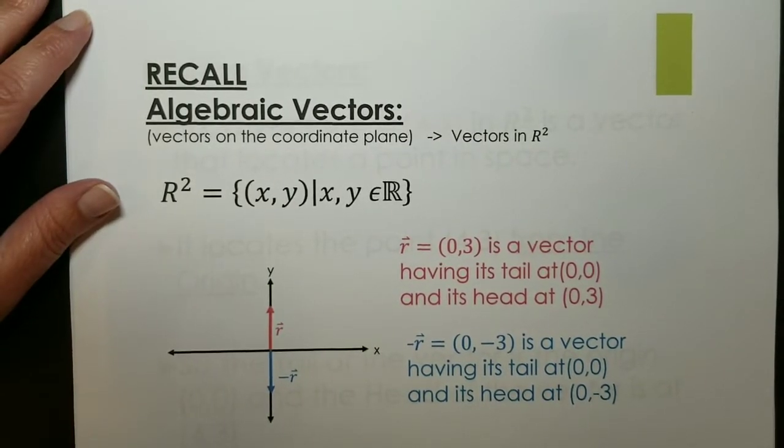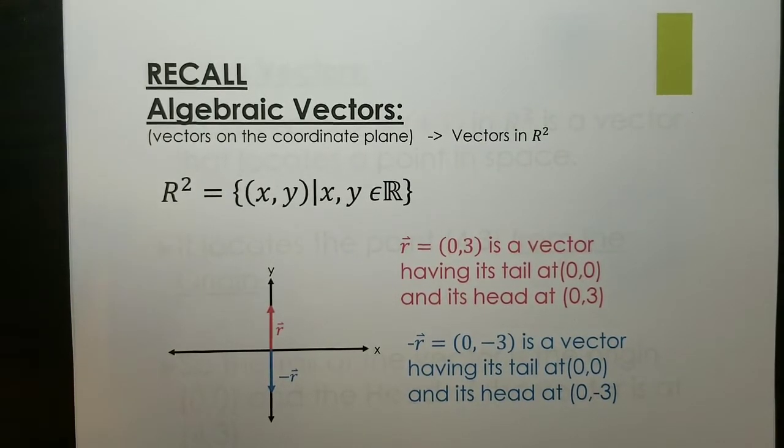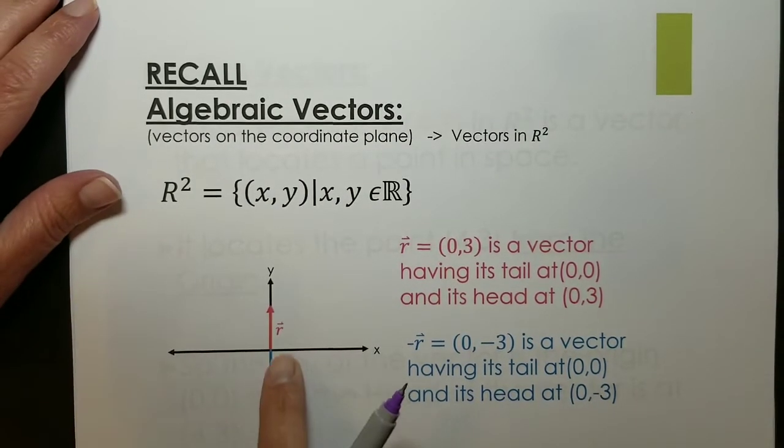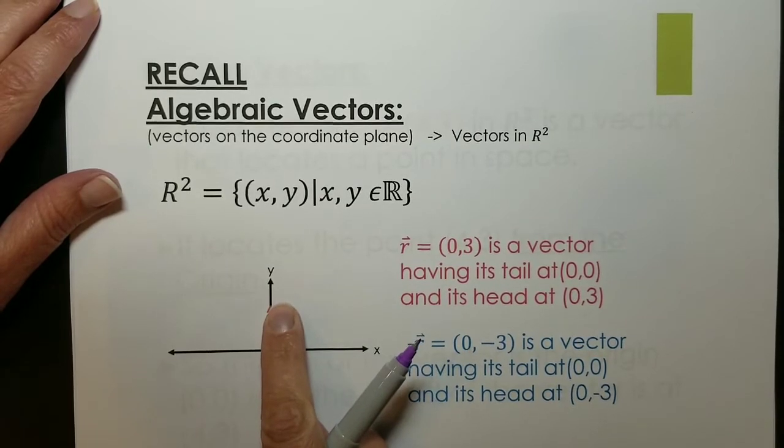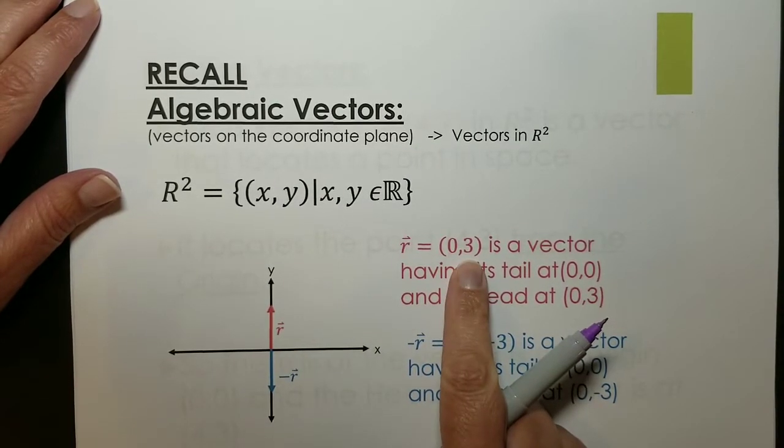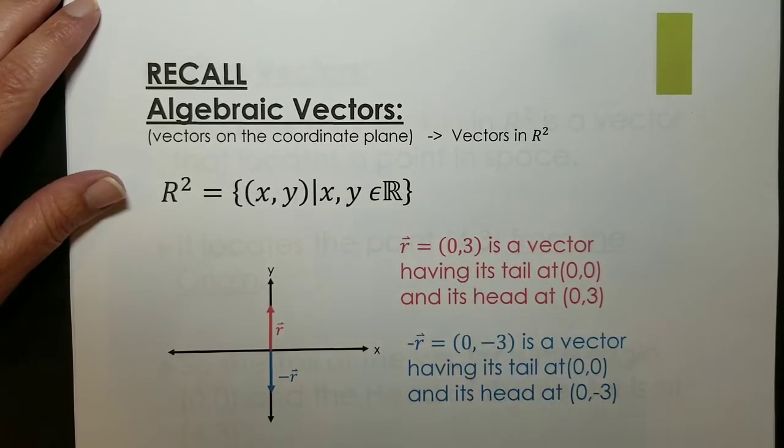And when we describe an algebraic vector on that plane, we give it a coordinate, and that coordinate is where the head of the vector would be if the tail of the vector was oriented at the origin. So if you start at the origin and travel along the path of this vector, where do you end up? So this vector r, for instance, goes directly up 3 units. So it's given as 0, 3.